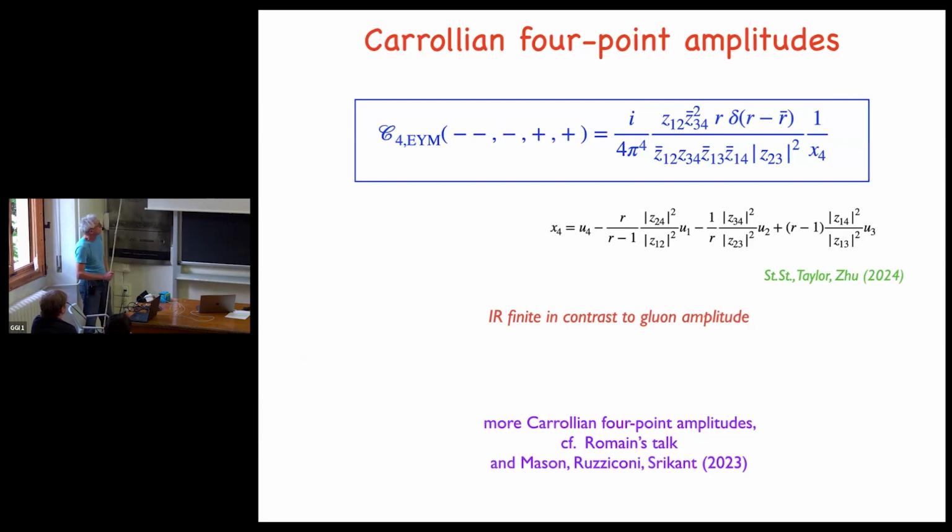But what we did is we computed Einstein-Yang-Mills amplitudes. So for example, one graviton amplitude with minus minus and two gluons, and it's just a sample, so of course it looks complicated. There's also this delta function, and it is a function depending on celestial coordinates z and Carrollian coordinates u.